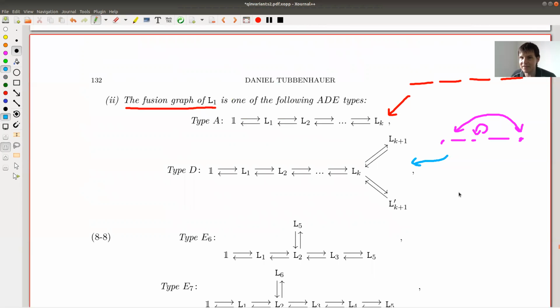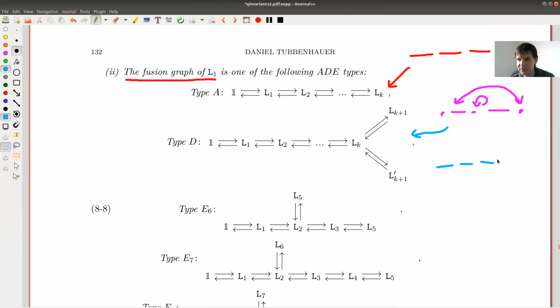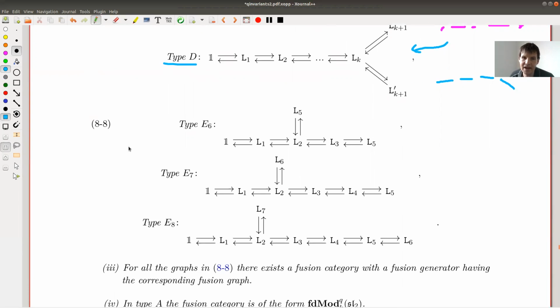It's the second easiest example of a graph. It's a line, but there's one splitting at the end. It's called a type D graph. This is called a type A graph. So type A is just a line, that one we have seen before. Type D is a line with a split, and then some exceptions. There are usually just three of them, called E6, E7, and E8.